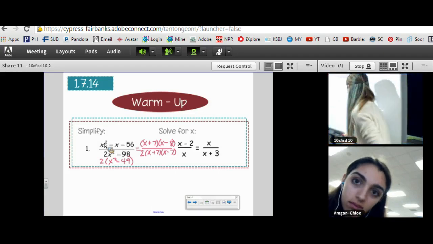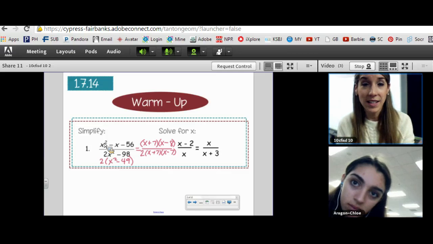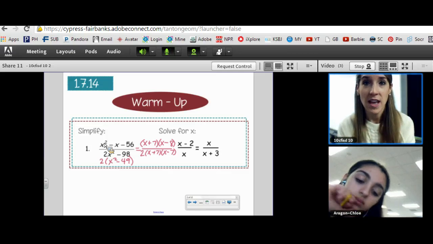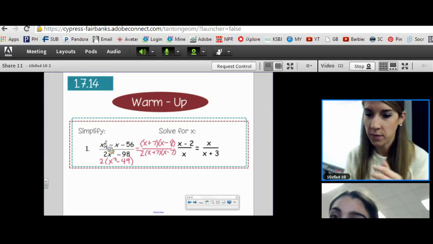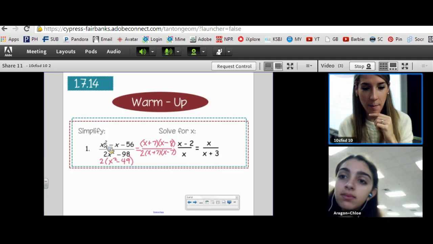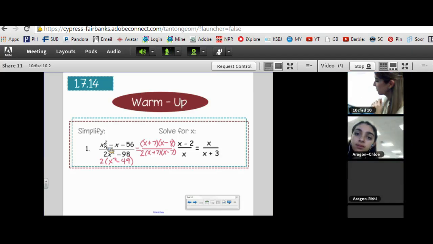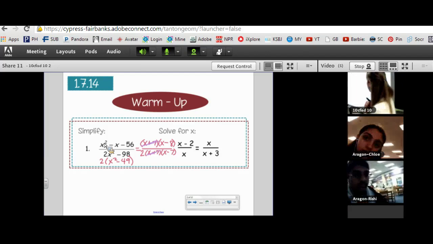Yeah, you have. Okay, so now we are allowed to cancel because on the top it's multiplication and in the denominator it's multiplication. So we are allowed to cancel things now. It's not illegal anymore. So do you see any things that are equivalent in the top and the bottom? Of course you do. x plus 7, x plus 7.